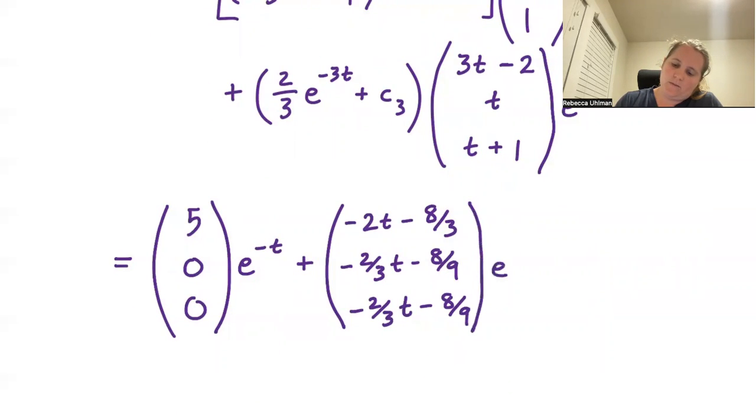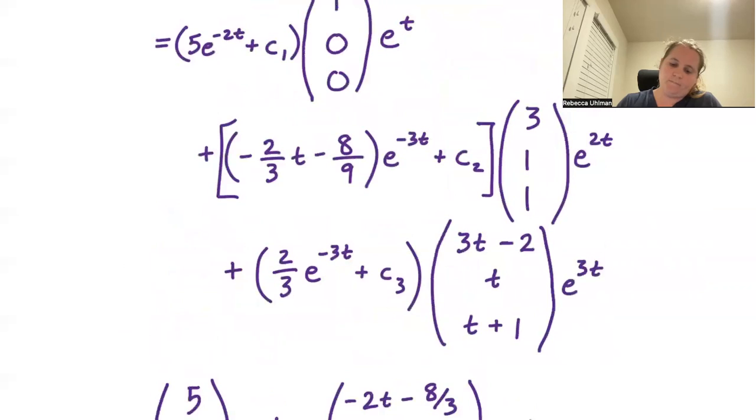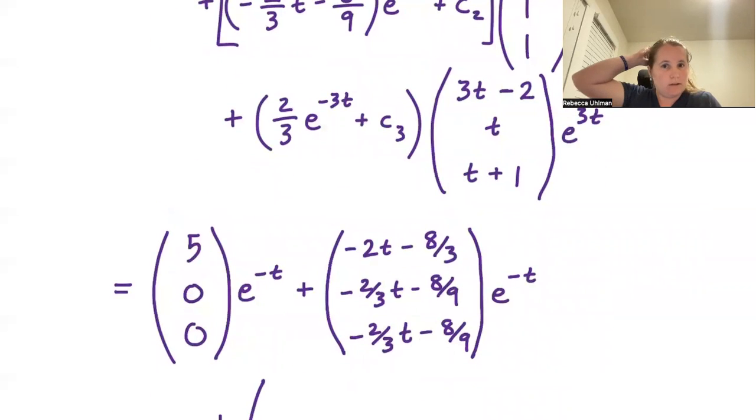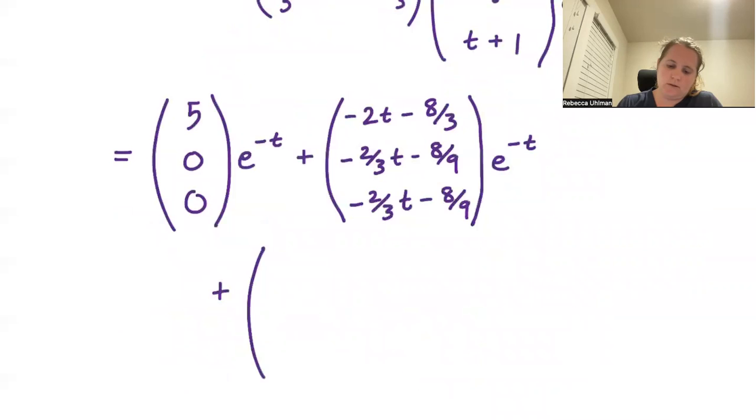This is all multiplying again e to the negative t. Then once more, we have 2/3 times 3t minus 2 would be 2t minus 4/3.